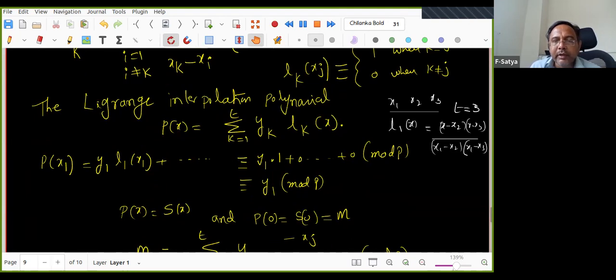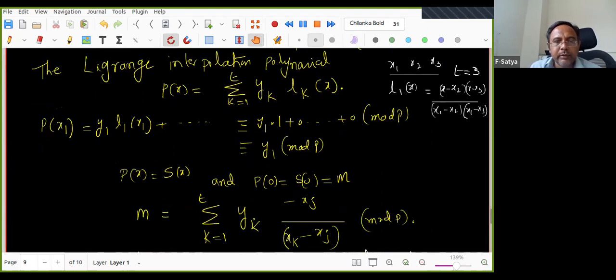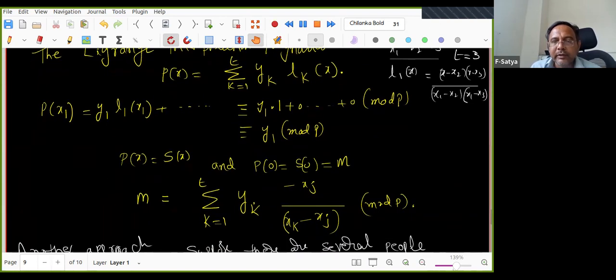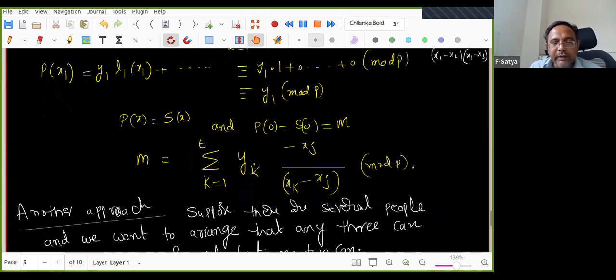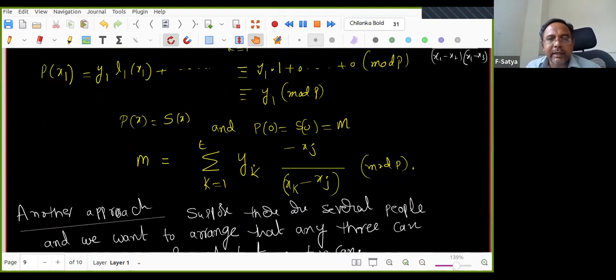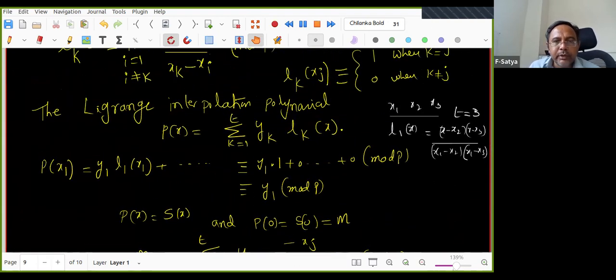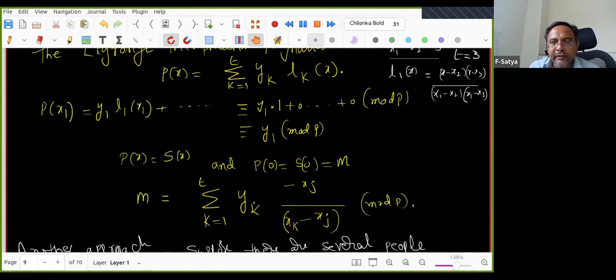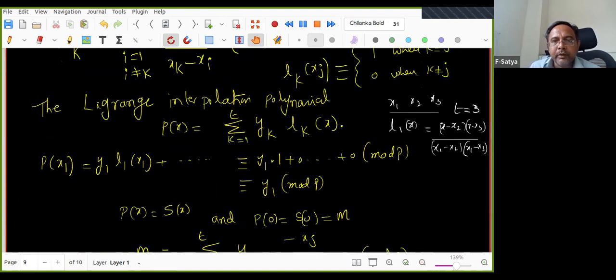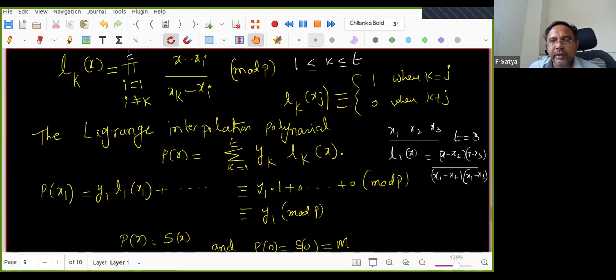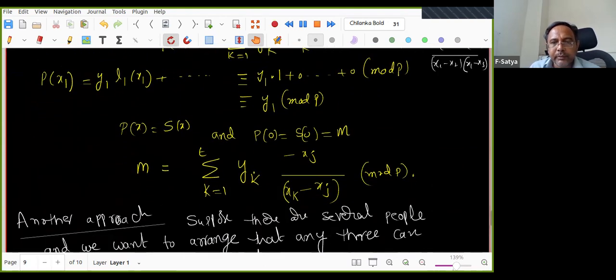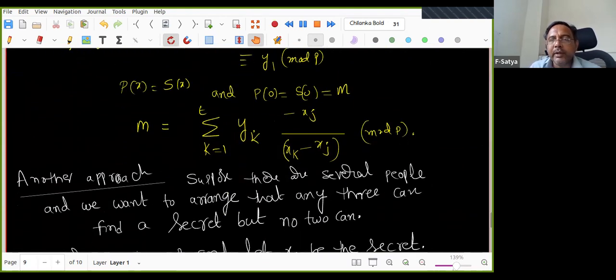The remaining are 0, so it is y1 only. So p of x equal to s of x, and p of 0 equal to s of 0 equal to m. Now in this approach, we can find the value m directly. You substitute in this polynomial and you will get it very easily.